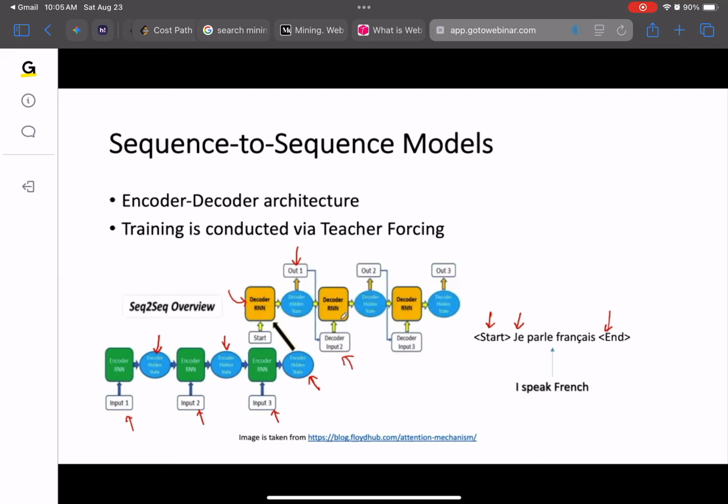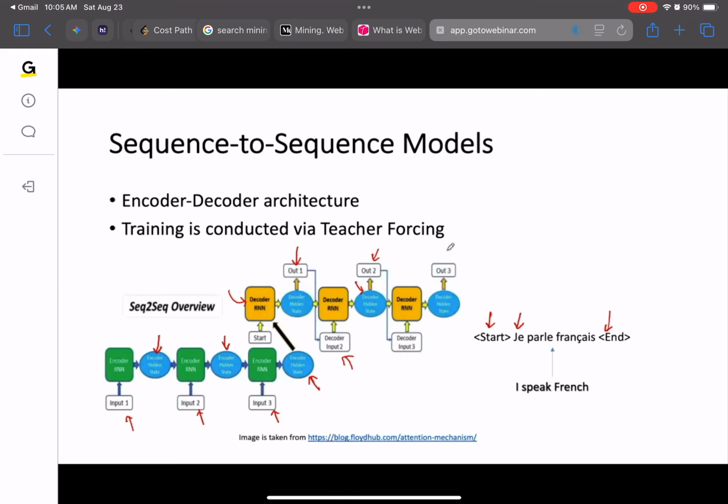Along with it, the previous decoder hidden state is provided, and these two are taken as the inputs, and we have the next decoder hidden state, and similarly we generate the next output word. This process will go on till the point we generate an end token.